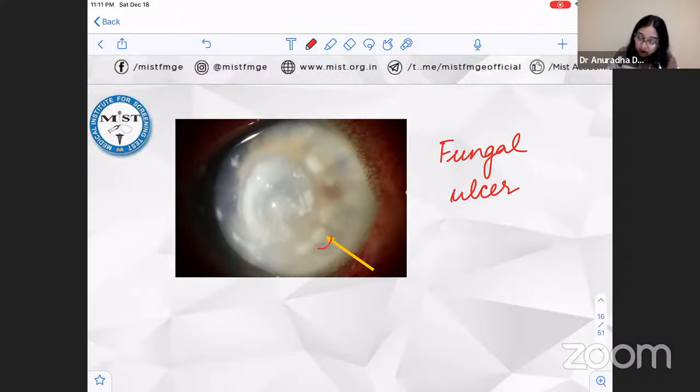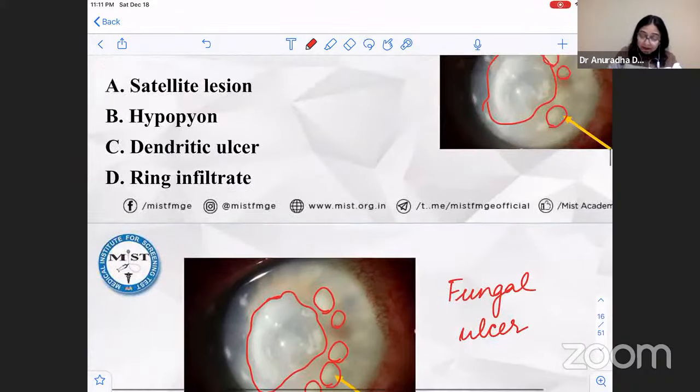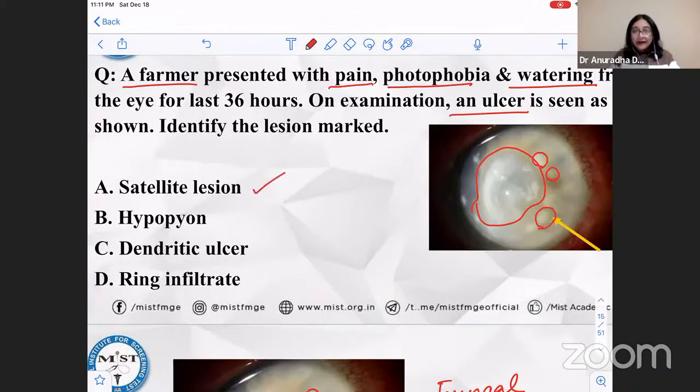What they are showing over here is the satellite lesions, meaning small lesions away from the main ulcer. This is the main ulcer, but as you can see, it doesn't have a definite margin, and there are multiple satellite lesions. So let's go through the choices once more. Satellite lesions, we are marking it right. Yes.